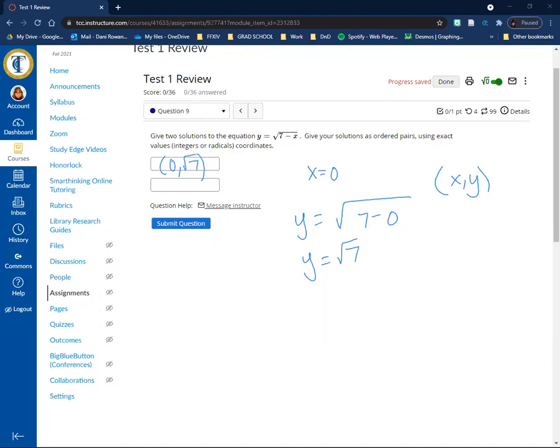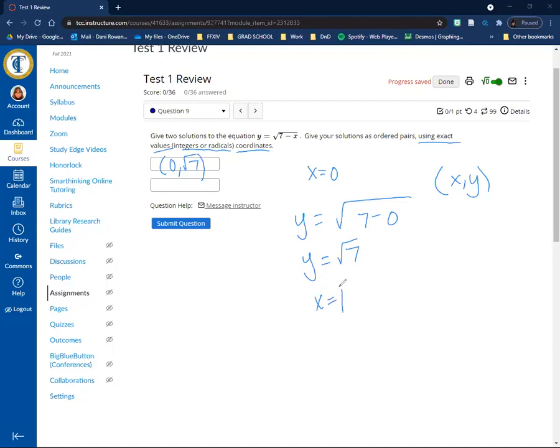So you leave it as a radical. The only reason why is because it says using exact values, integers or radical coordinates. So we're not going to put in a decimal value for the square root of 7. We leave it as the square root of 7.